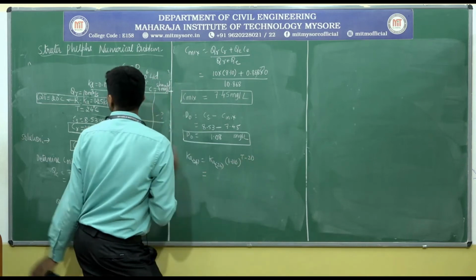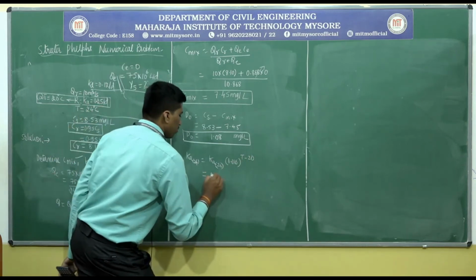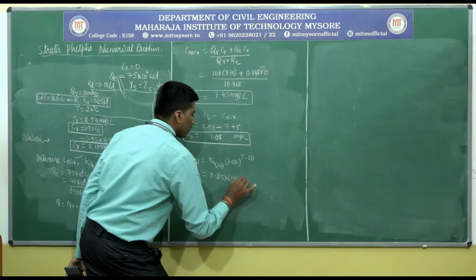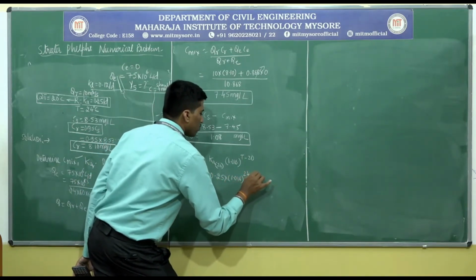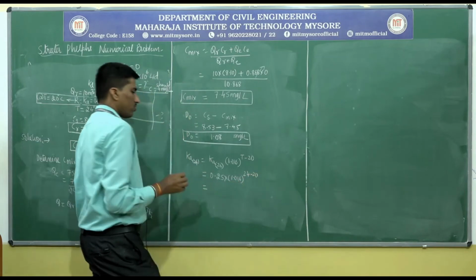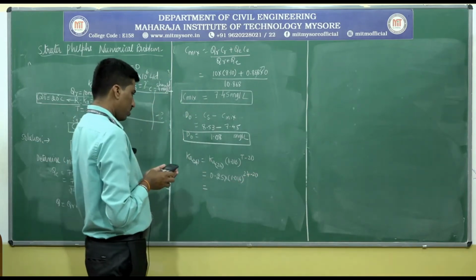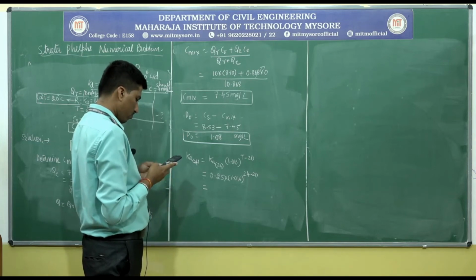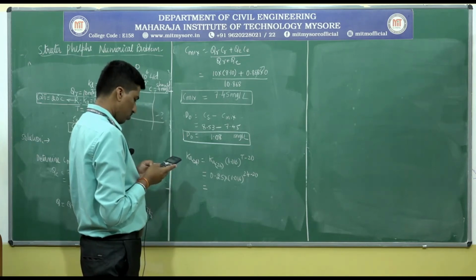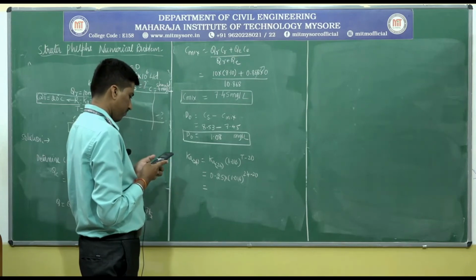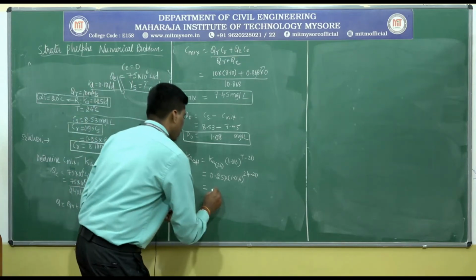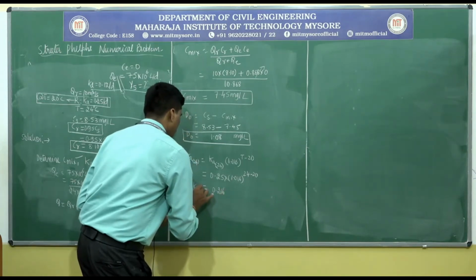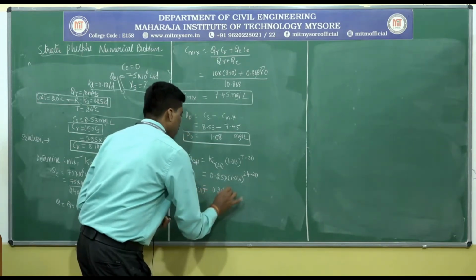So, 0.25 into 1.016 whole raised to the power of 24 minus 20. Let us compute it. 1.016 whole raised to the power of 4 into 0.25, you are going to get 0.266. That is Ka at 24 per day.